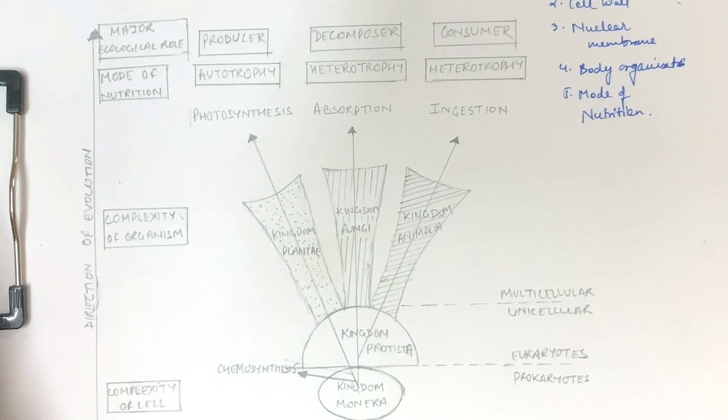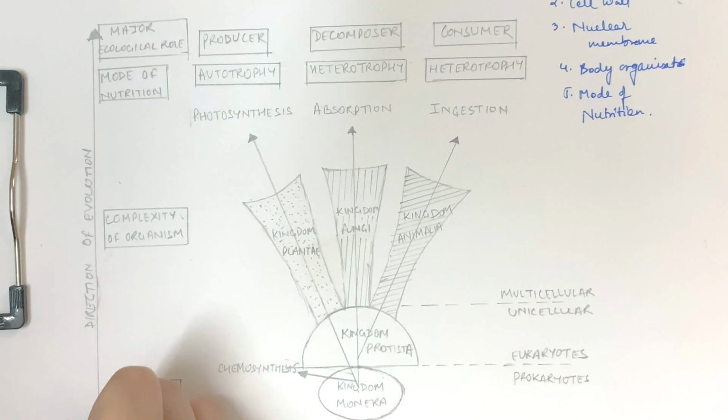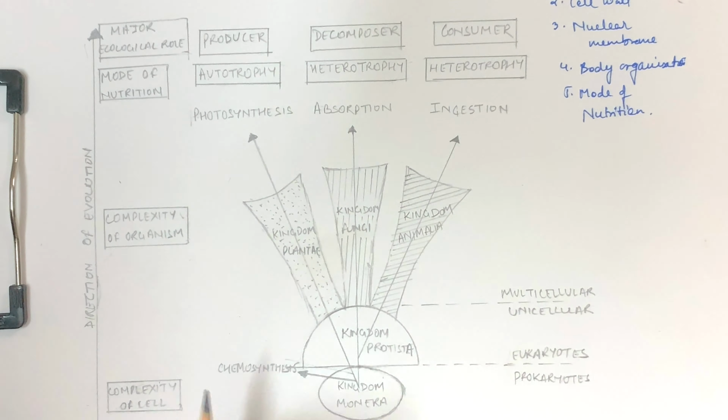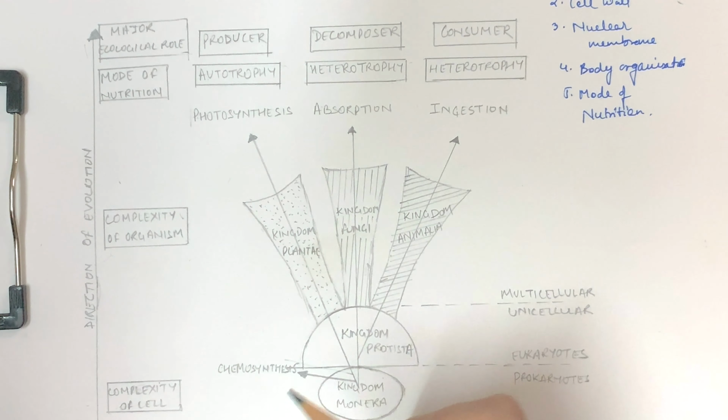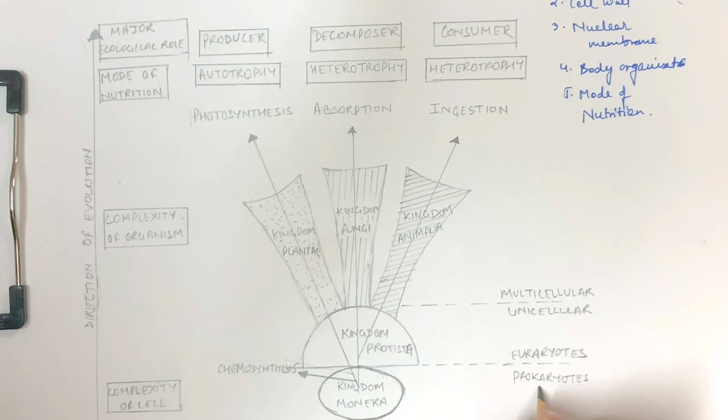So here in this diagram, as we can see, the direction of evolution is from down to up. As we go up, the organisms have evolved. So the monerans were the primitive ones. Here the monerans are prokaryotes and unicellular.